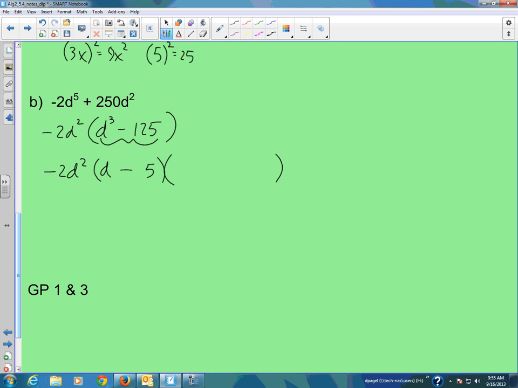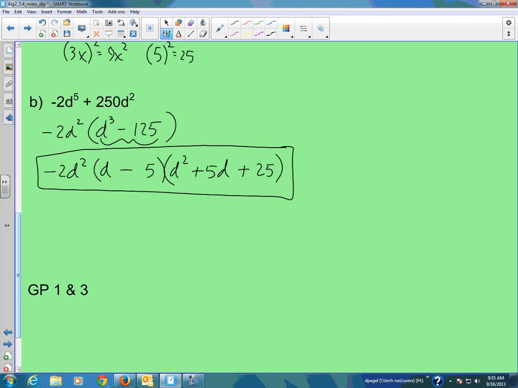If I square d, I get d squared, my first part of my trinomial. We do the opposite sign now. Multiply d and 5, so I get 5d, always positive. 5 squared is 25. That is my solution for d there.